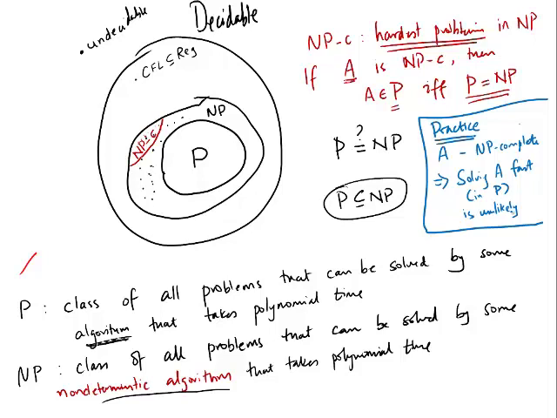Many combinatorial problems, search problems, are actually NP complete, and so recognizing these problems as NP complete will enable you to look for heuristic solutions instead of solutions that always work.